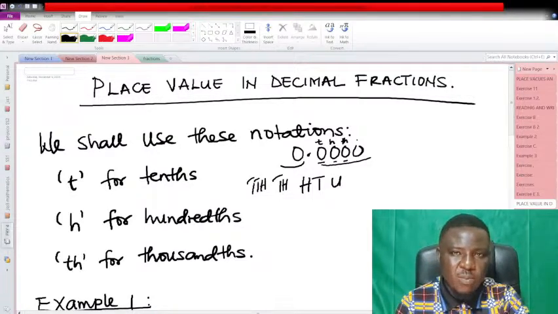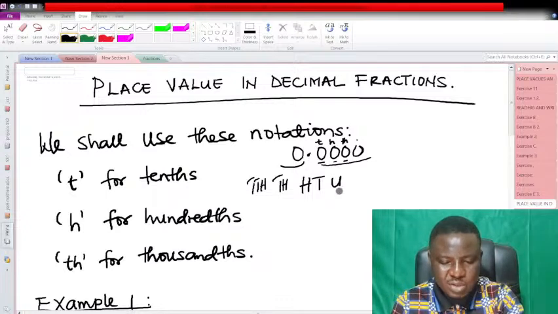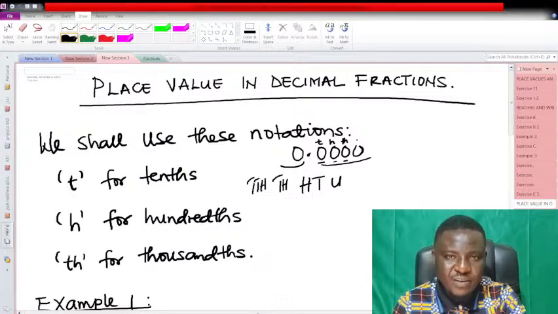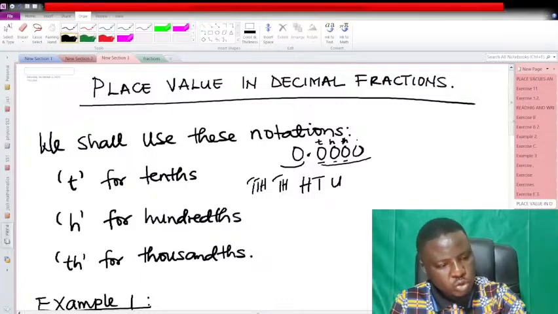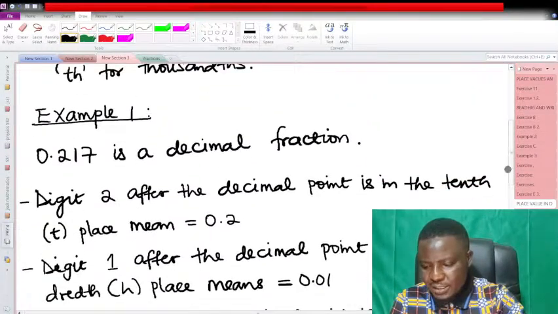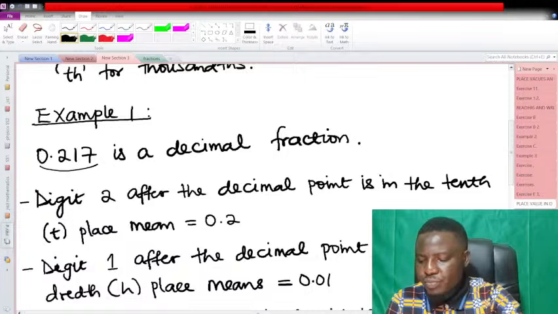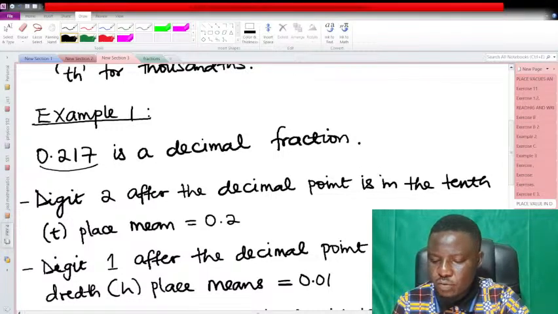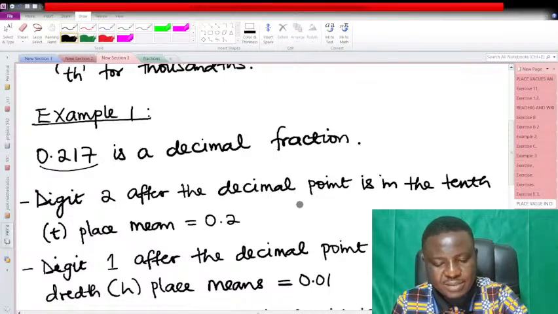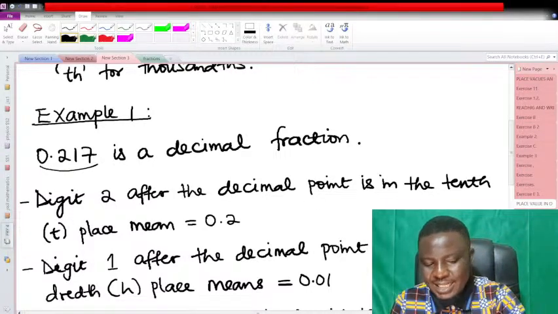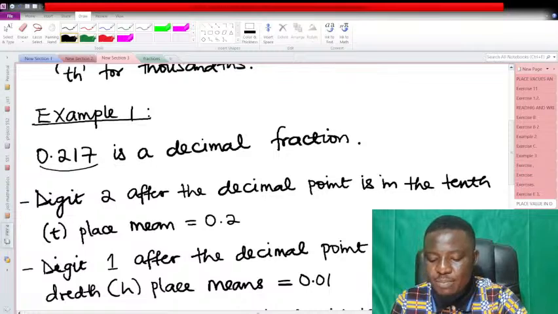While for the fractional part, you have the tenths. You don't have the unit place value in the fractional part. You have the tenths place value, hundredths place value, thousandths, and so on. So, for this decimal number 0.217, we said the digit 2 after the decimal point is in the tenths place, meaning 0.2.